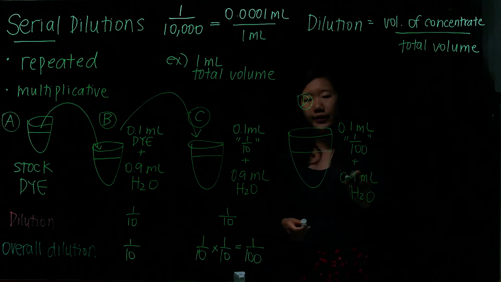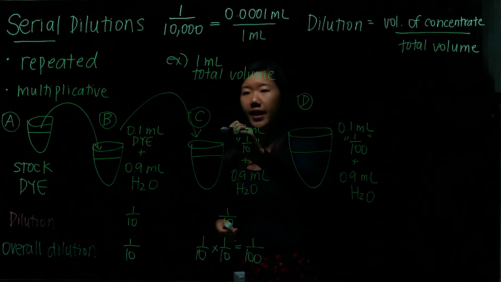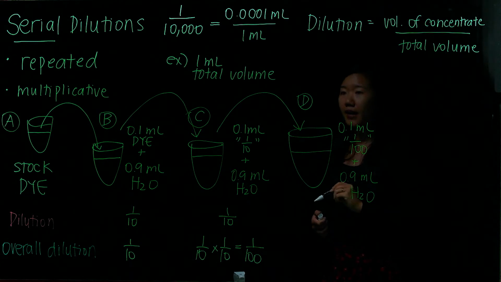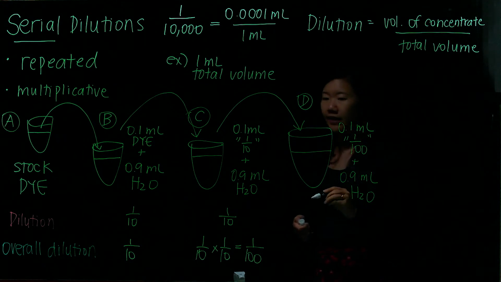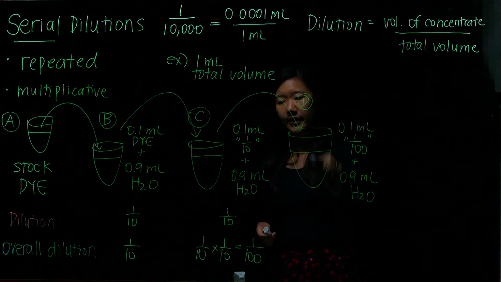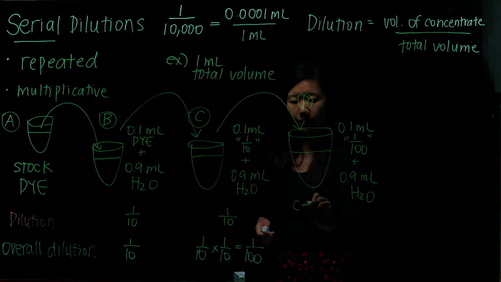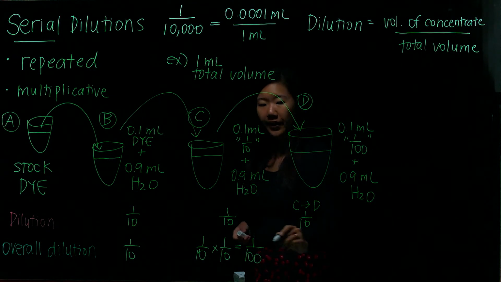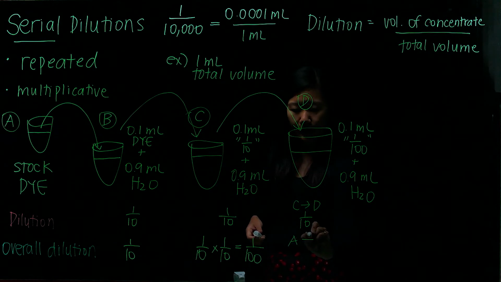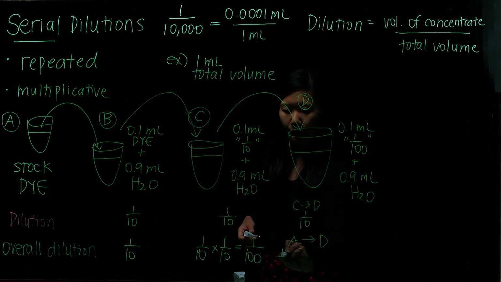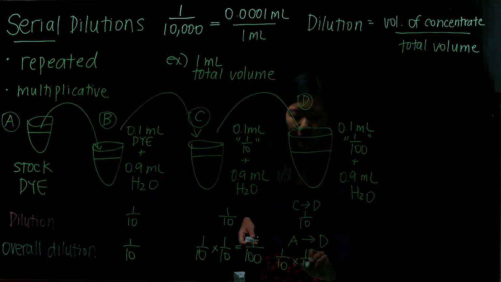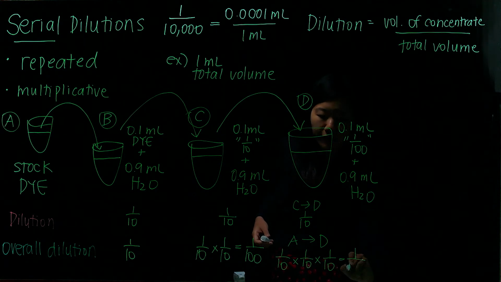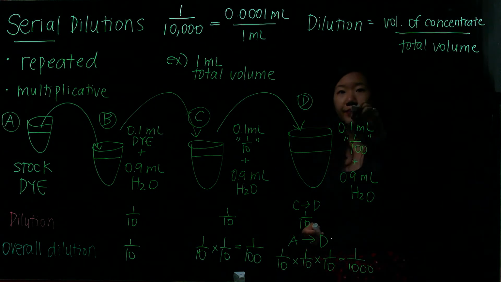Again, we start off with 0.9 mL of water, and then we take 0.1 mL of this into tube D. The dilution from C to D is 1 over 10, but the dilution from A to D is going to equal 1 over 10 times 1 over 10 times 1 over 10, which is equal to 1 over 1,000.